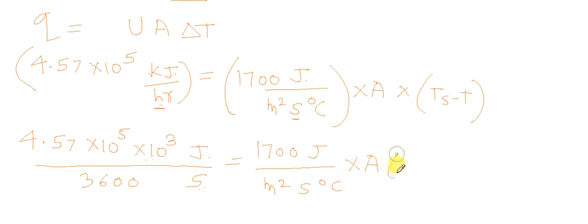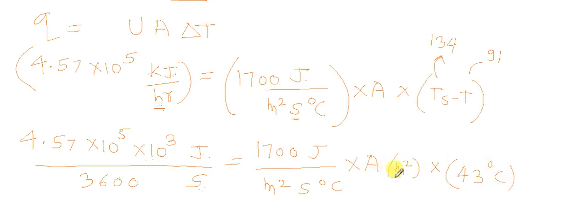So you will get the area unit as meter square, into this Ts minus T. Value of Ts is how much? The value of Ts is 134 and the value of T is 91, and therefore we get this temperature difference, 43 degrees Celsius.